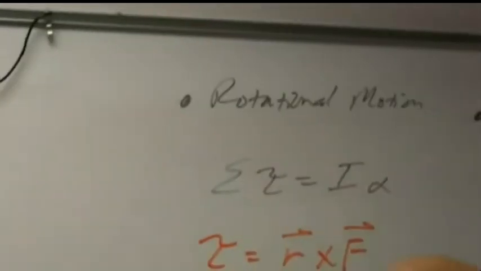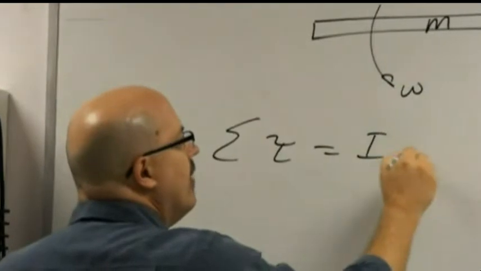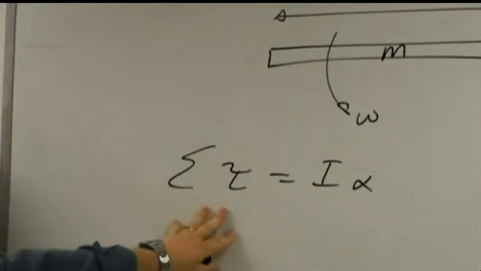When you see a problem like this, where something is rotating, and the force is causing rotation, then we've got one of these. So let's take a look at it real quick. The sum of the torques equals I alpha. What goes here?